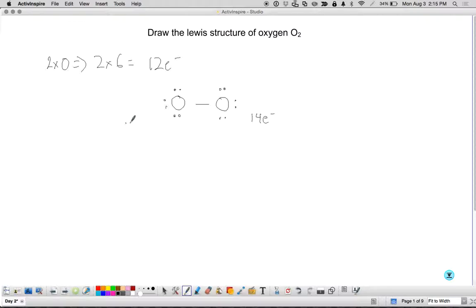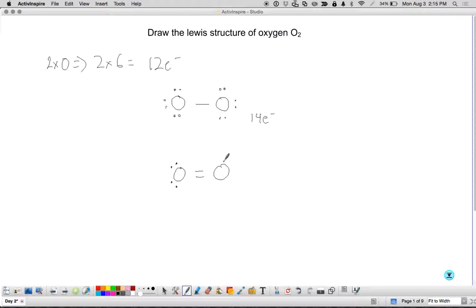Well, what's going to happen here is that instead of sharing 2 electrons, oxygen is actually going to share 4 total electrons. And remember, each bar indicates 2 shared electrons. Okay, so now this oxygen has 2, 4, so it only needs 2 more. Don't worry about the positioning of these for now.